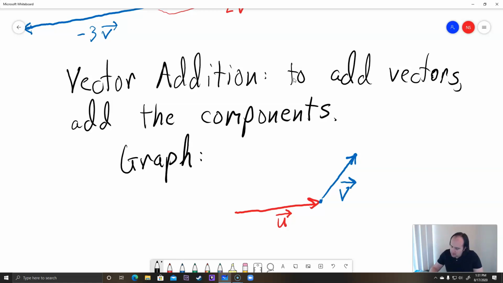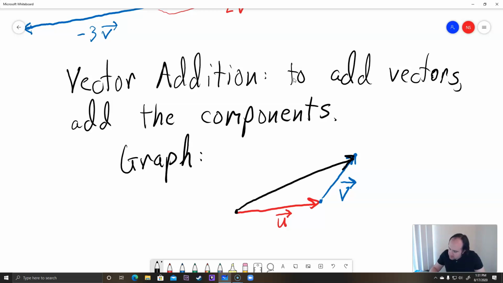And then what does it mean if we add these two vectors? Well, if you put them head to tail like this, they call the head the arrow and the tail the component without the arrow. Adding the vectors means it's just going to be this vector right here.